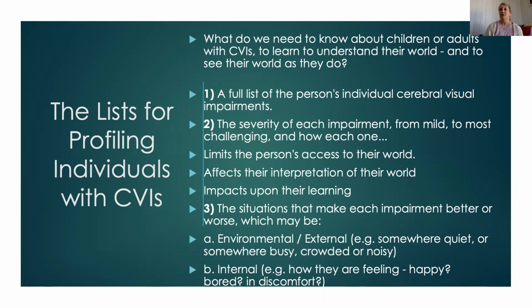So what do we need to know about children or adults with CVIs to learn to understand their world and to see their world as they do? Okay. So first of all, we would like a full list of the person's individual cerebral visual impairments. We may or may not get that. Oftentimes in our area, we're just at the very beginning of that stage of wondering, does this person even have cerebral visual impairment?